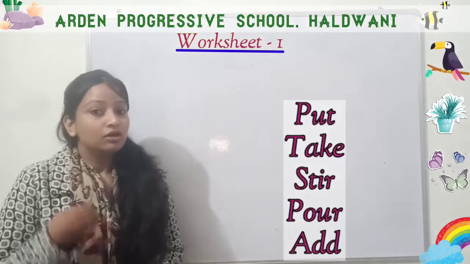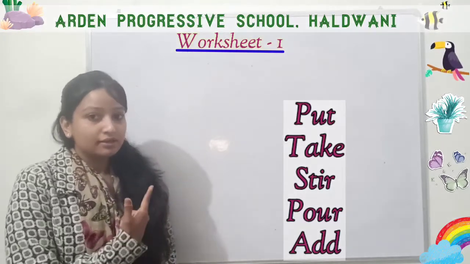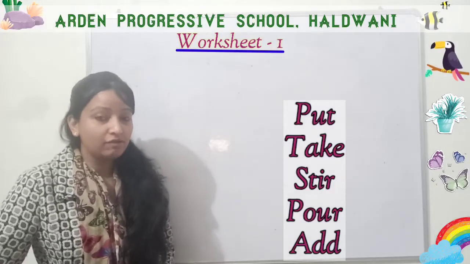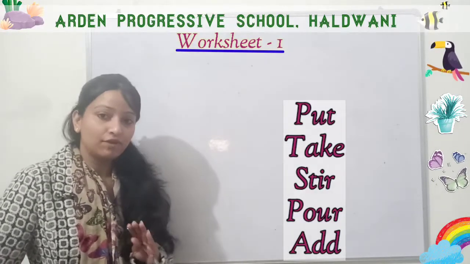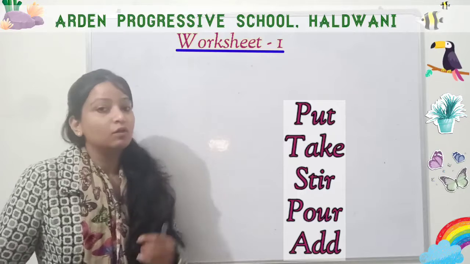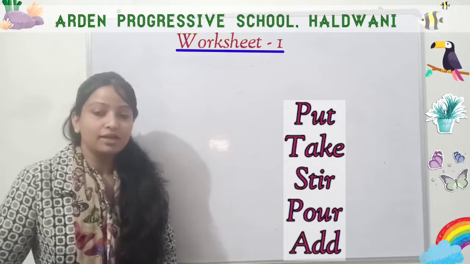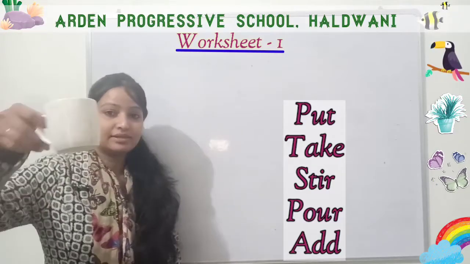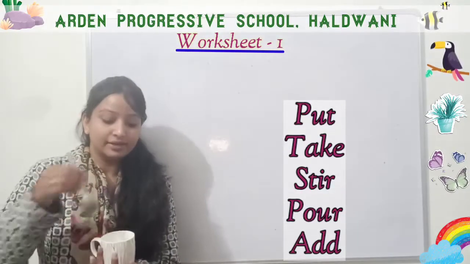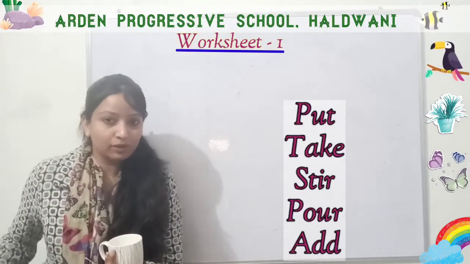To describe the process of making tea, we have to start the sentences with these 5 words, and within 5 sentences only. And we are going to use only simple present tense. The first is take, then put, then stir, then pour. What do you mean by pour?